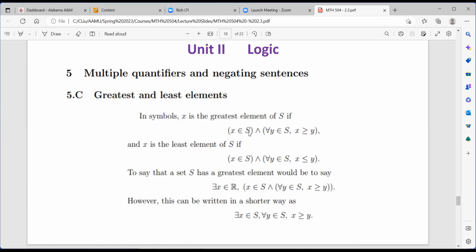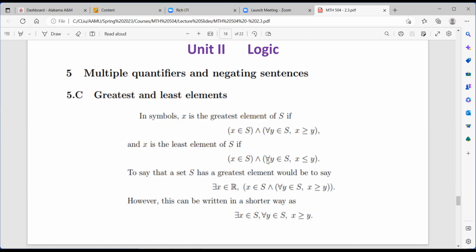And similarly, you can define the least element of S as, x is in S, and, conjunction or disjunction, I believe this is a conjunction, I guess.